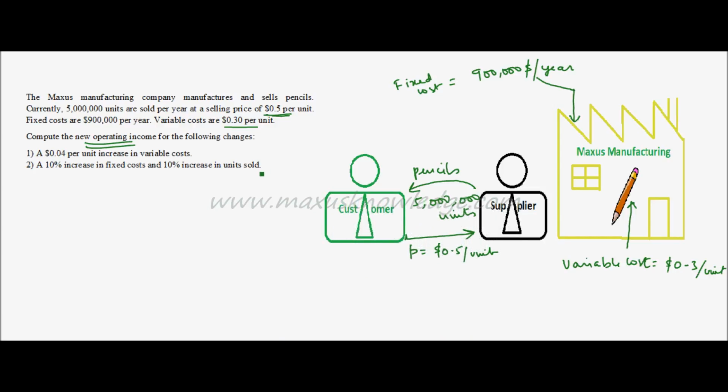And the second is a 10% increase in fixed cost and 10% increase in units sold. Now the manager is also evaluating that if this fixed cost increases by 10% and the number of units which are being sold also increase by 10%, what will be the impact to its operating income? So let's find this out.